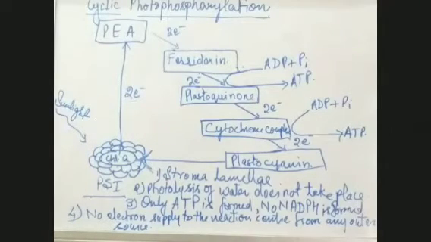One or two you can write on your own also, another point you can write, that is okay, but not that important. But of course, to increase the number of points, you can write that there is no NADPH reductase enzyme in the system. And one very important point which we are missing out here is, just one photosystem is involved. In non-cyclic, the two photosystems are involved, photosystem 2 and photosystem 1.